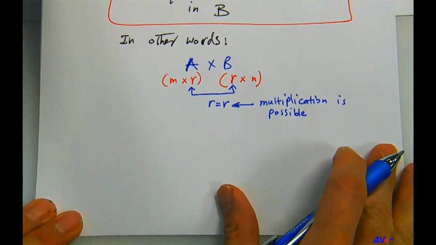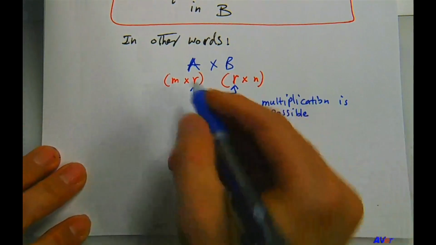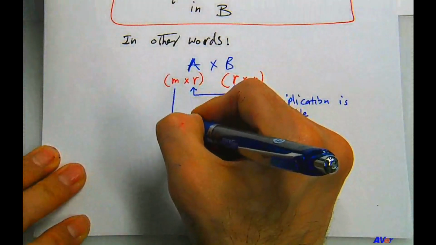Okay. Having said that, the question is, what is going to be the dimension of the resultant matrix? The dimension of the resultant matrix always comes from the other two numbers in the dimension.